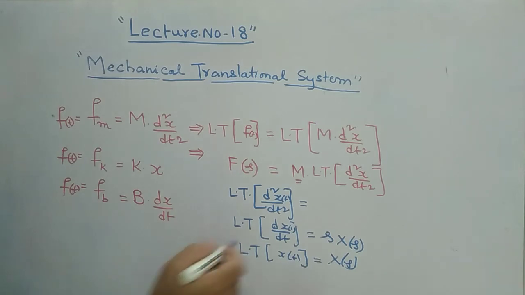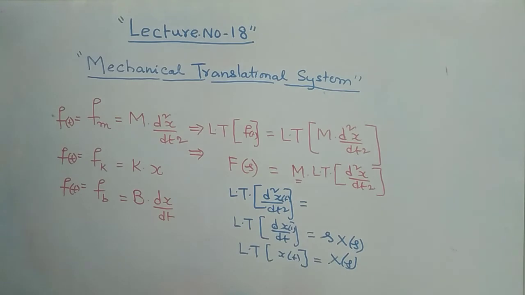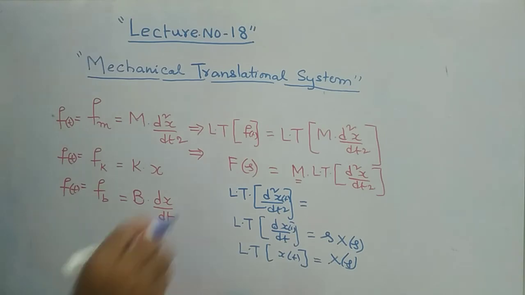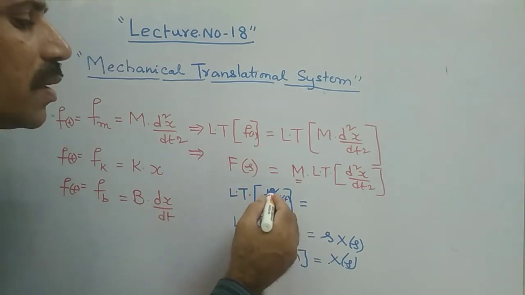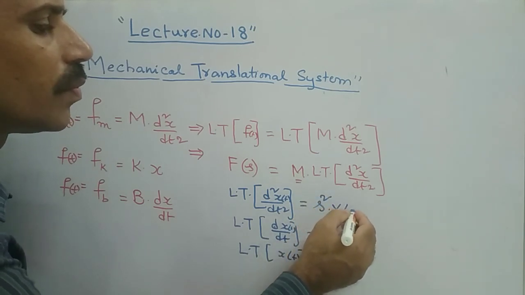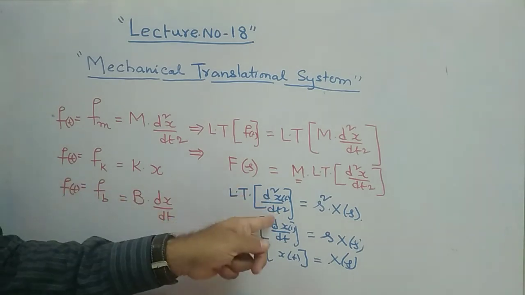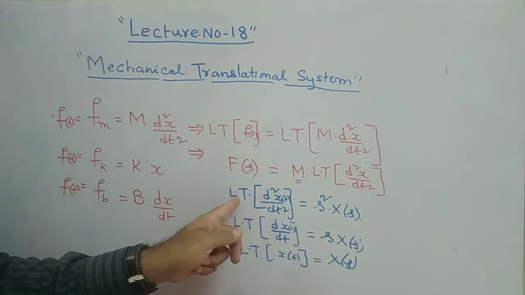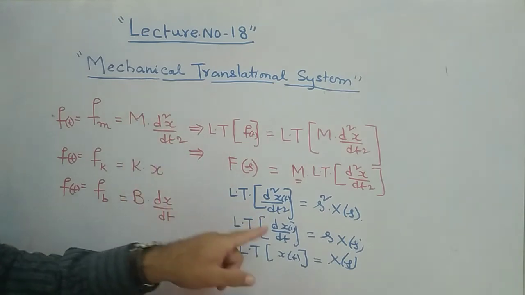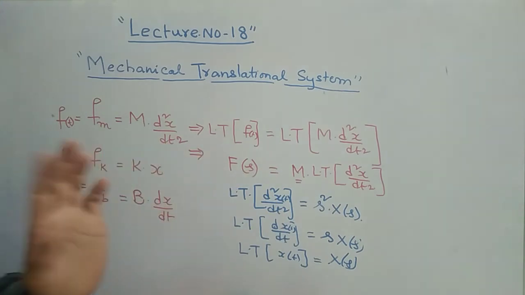Now coming to the second derivative, d square by dt square, if you have one d by dt you will have one s. If you have d square by dt square, the second derivative, then you will have s square into x of s. I think you are getting. Understood? After application of the Laplace transformation, this quantity will be converted like this, s square into x of s. If you have single, only s will come. If nothing is there, only directly x of s.